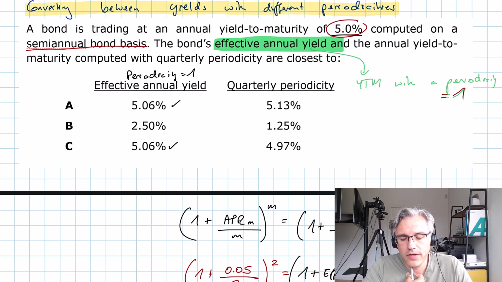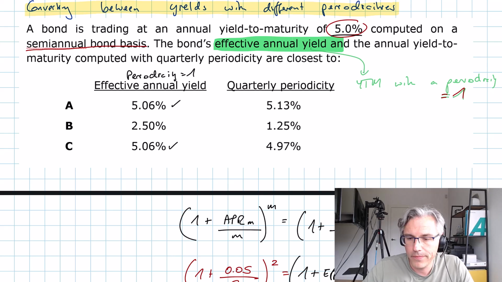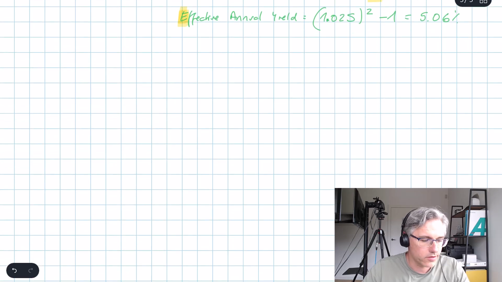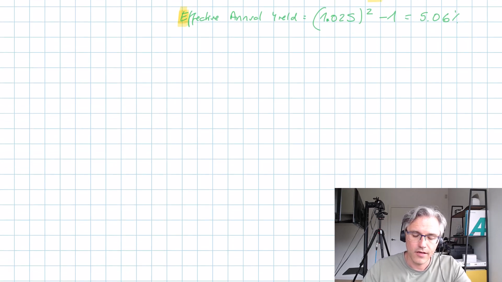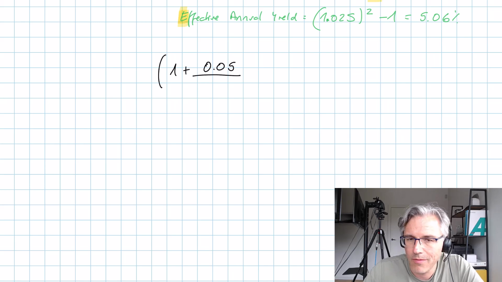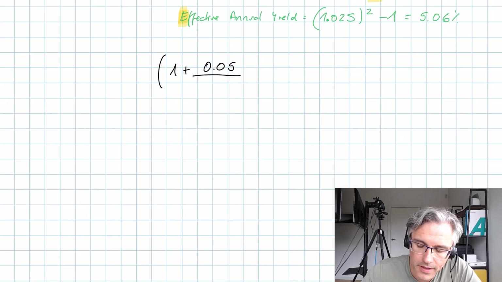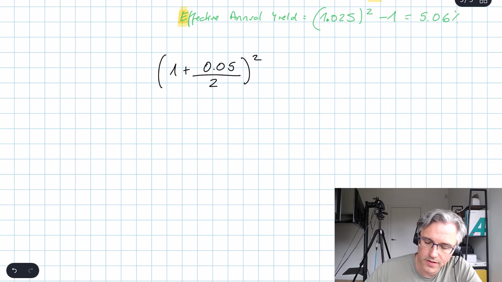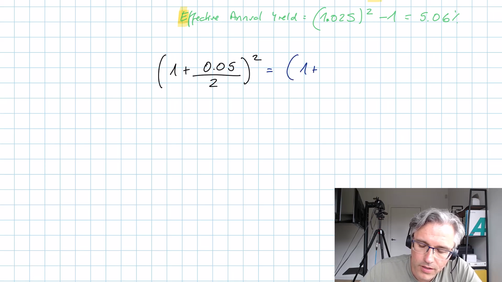Now, hopefully you can get what the quarterly number should be, because once again, it's all about the relationship with compounding. Okay, for everybody else, let's do it properly on paper. So what I can now say is, using the same relationship, 1 plus 0.05, that was the semi-annual bond basis yield, divided by 2 to the power of 2, assumed periodicity of 2, equals 1 plus a yield, an APR with quarterly compounding, divided by 4 to the power of 4.